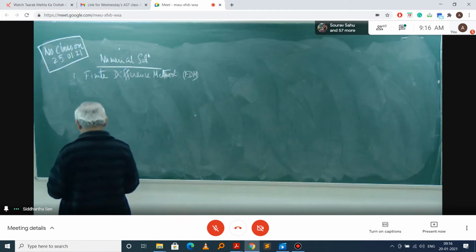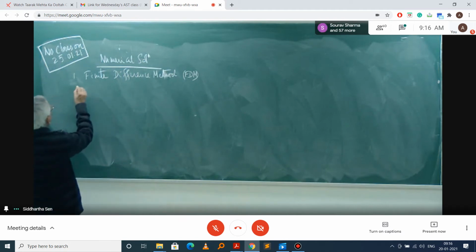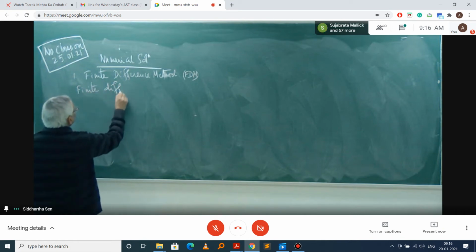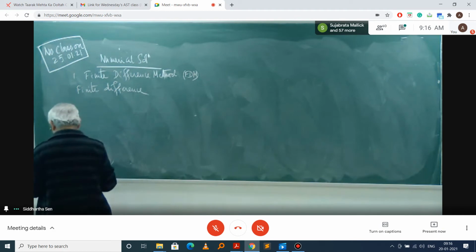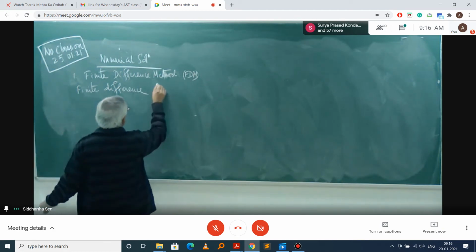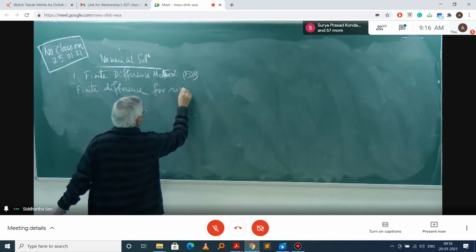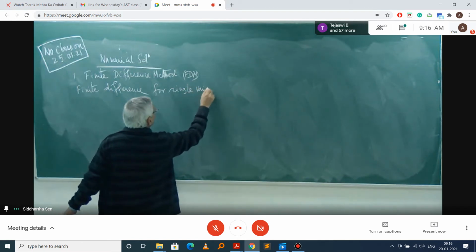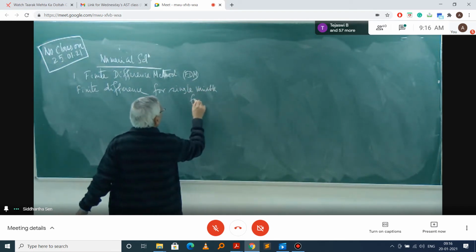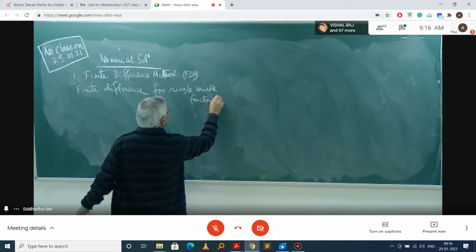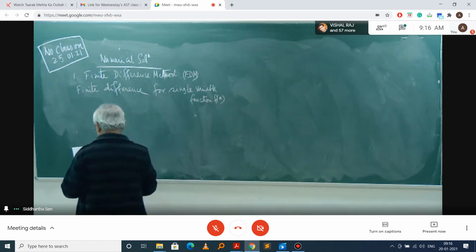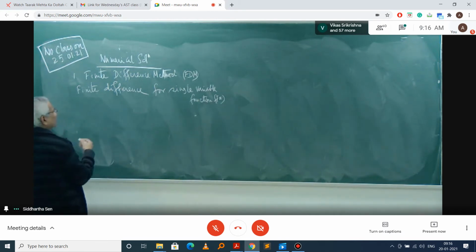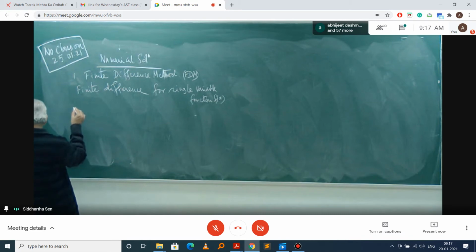What is that? If you recall the finite difference for a single variable, f(x). So what we can express in this form, if we want to do it numerically, like this there, forward difference.